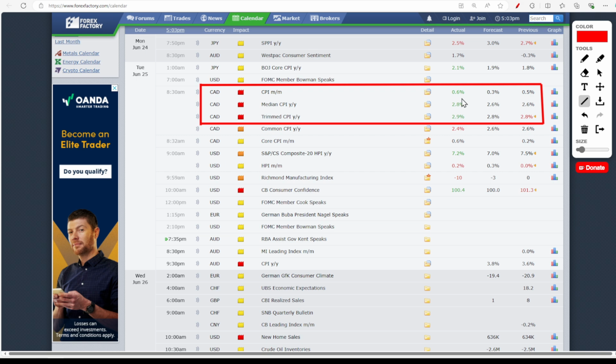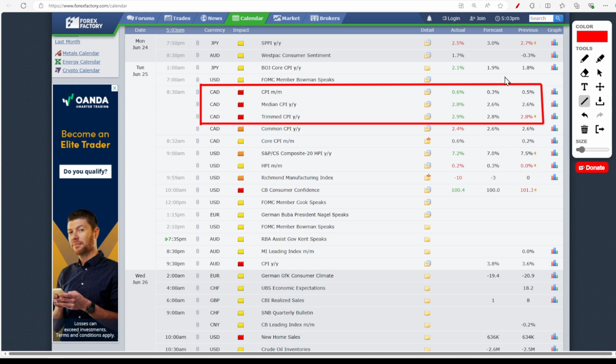The problem is they just cut rates and they're planning on cutting again. So their economy is contracting while inflation's going up. This is not good for the Canadian market, not good for the Canadian dollar.